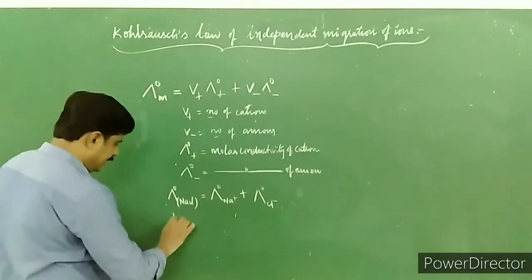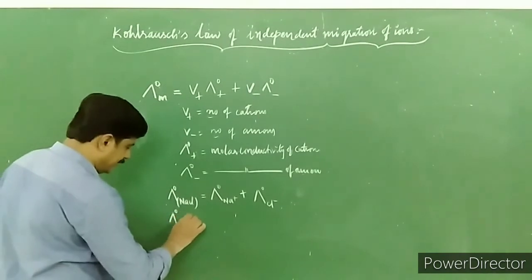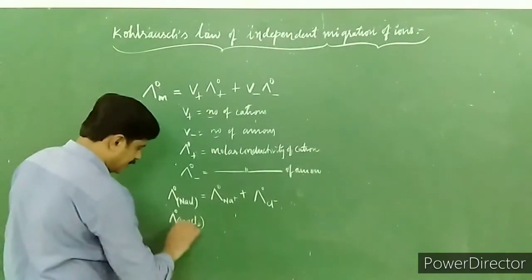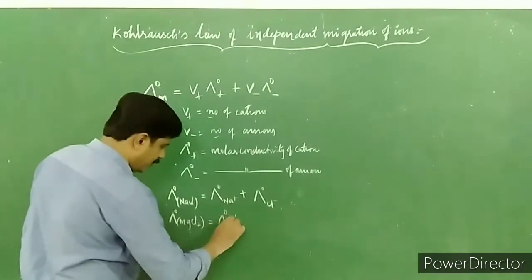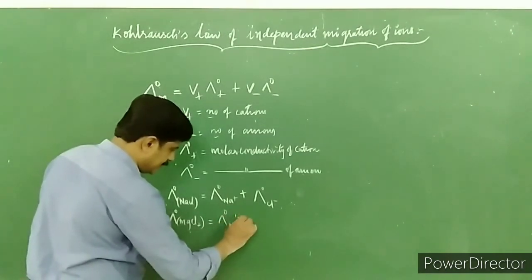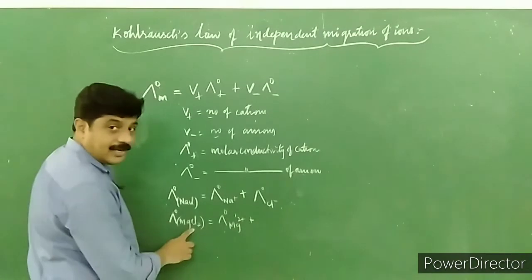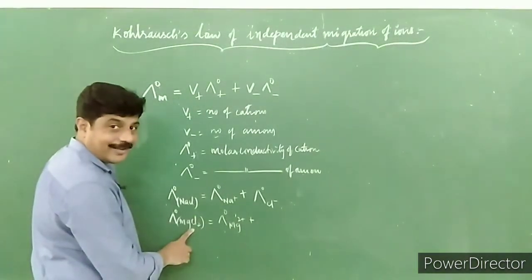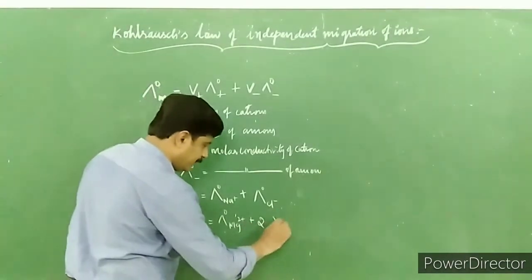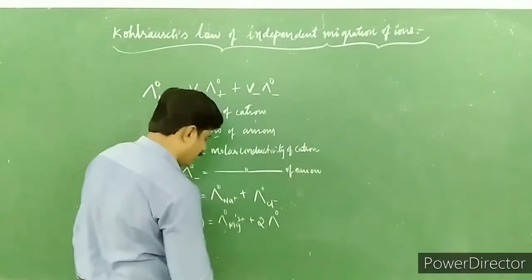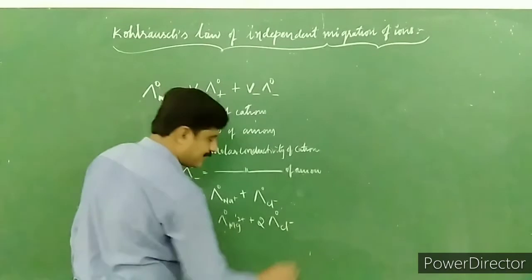This is for NaCl. Let me write for MgCl2, magnesium chloride. Look at here. Lambda naught Mg2 plus. Look at here, on dissociation you are going to get 2 chloride ions, is it not? That means number of ions is equal to 2. Plus 2 into lambda naught Cl minus.